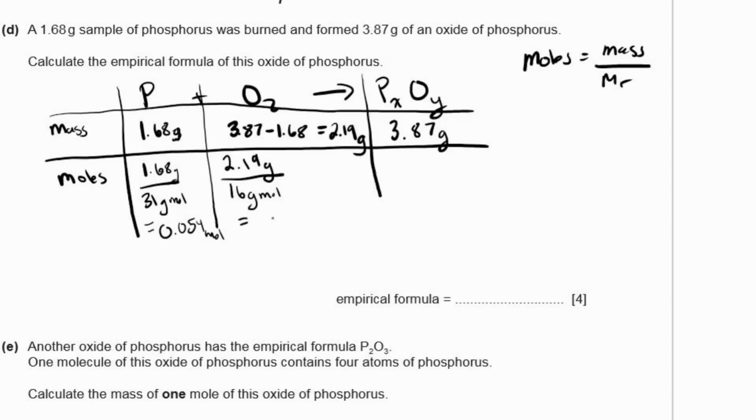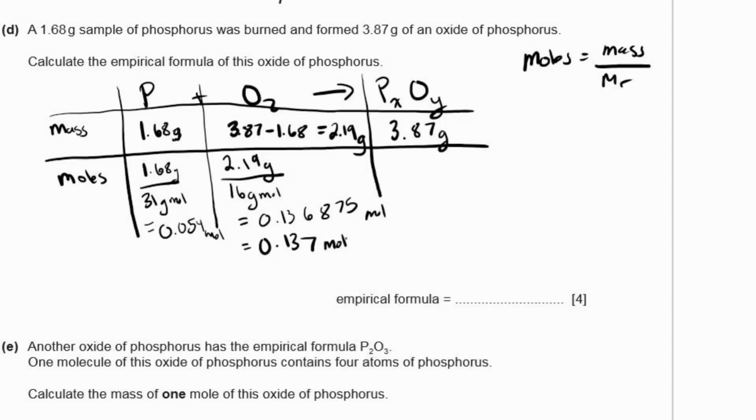Okay, so the answer for that is 0.136875 moles. And that's a silly number. That's a ridiculous number. So with 3 significant figures, we have 0.137 moles, which is a much better number.